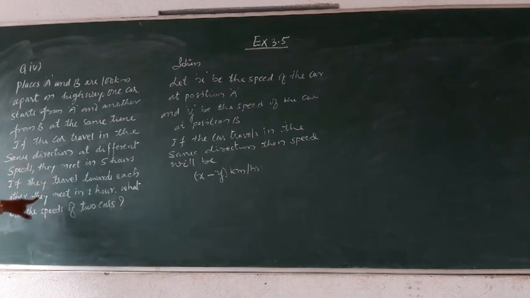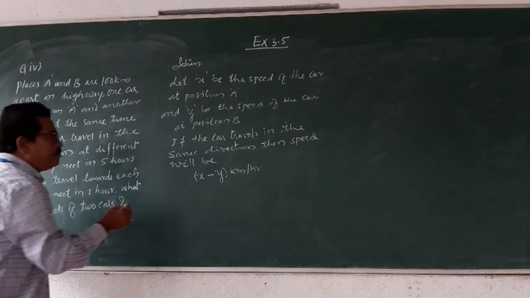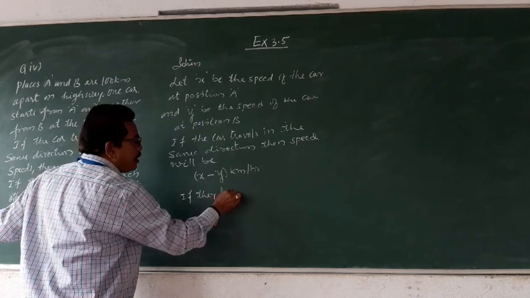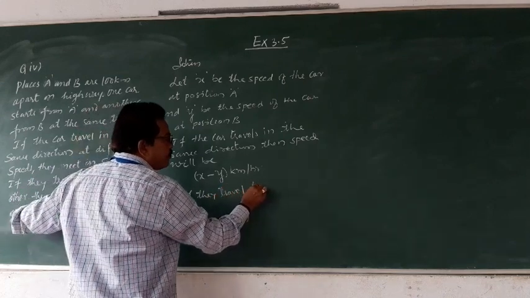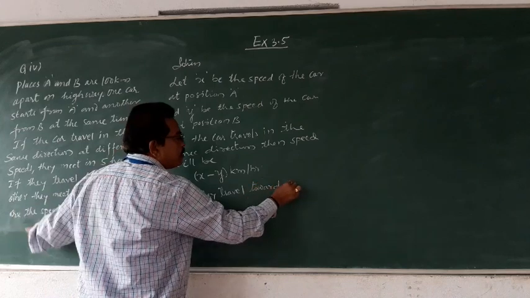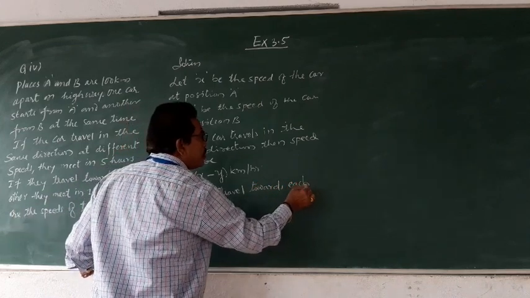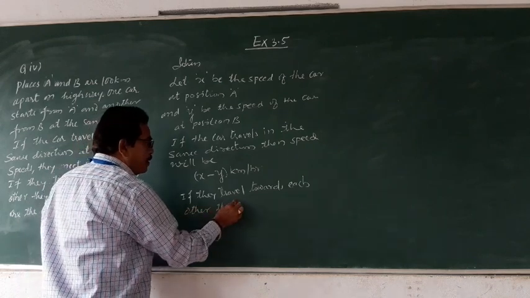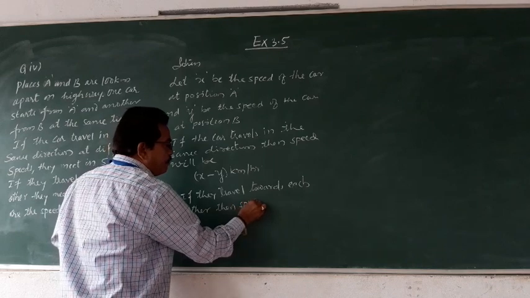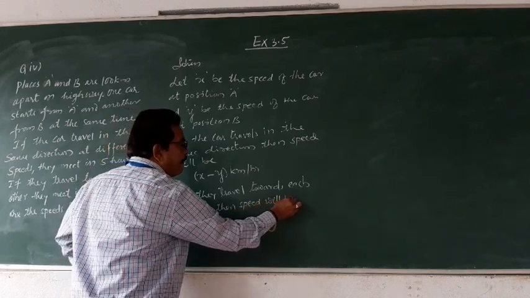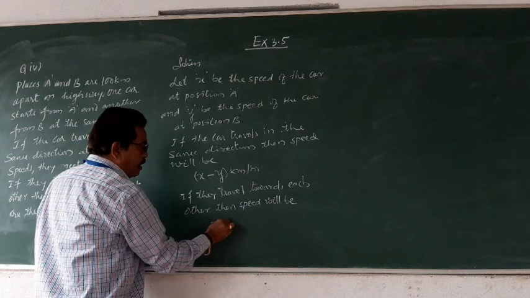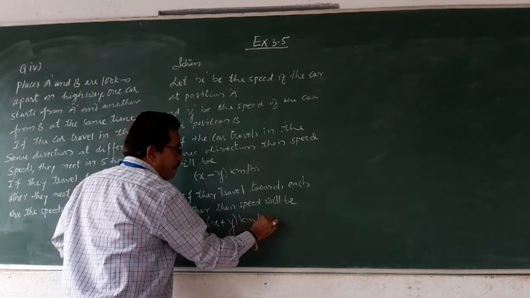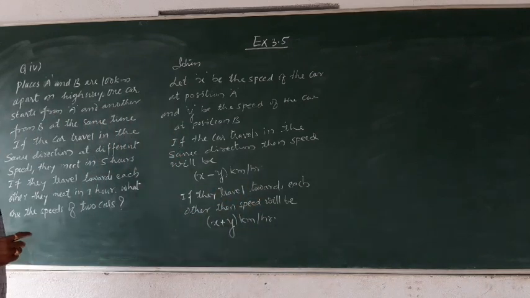If they travel towards each other, the relative speed will be x plus y kilometer per hour.